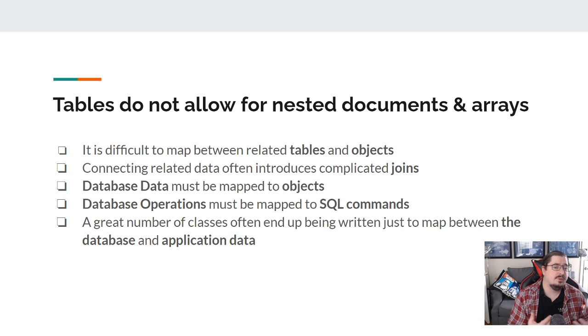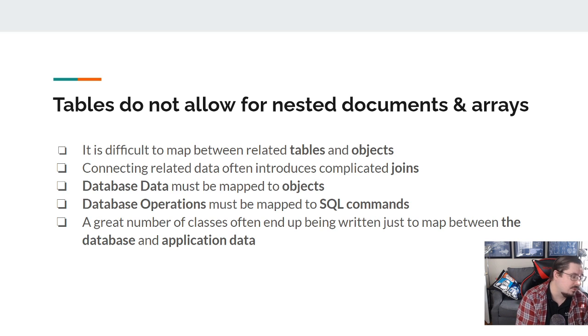Because we have to split things across different tables like orders and order items or blogs and blog tags, it can be hard to go back and forth and translate between the world of objects and the world of tables, because our tables don't look like the objects we want to have.